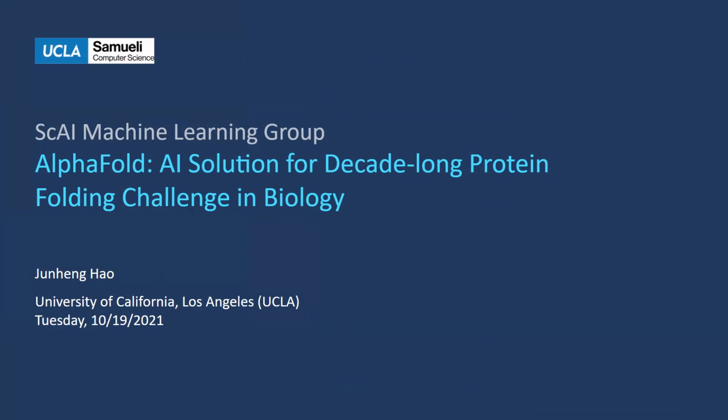This year, on August 15, DeepMind's AlphaFold version 2 paper came out and was published in Nature. And at that time, we had a chance to see how they are solving the protein folding problem, which is a decade-long challenge in biology.